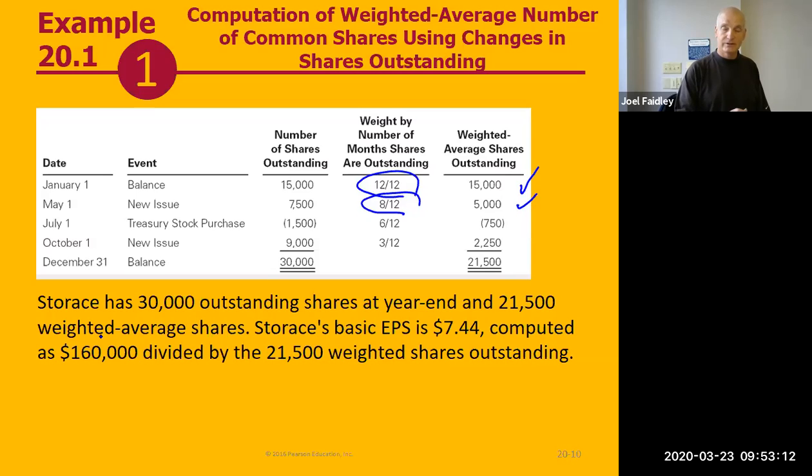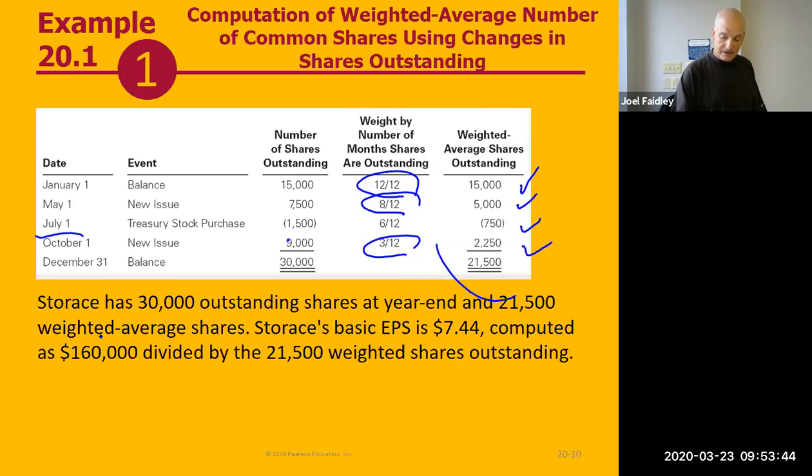So that's reducing, you remember from back in the chapter on equity, our common shares outstanding. That's one of the reasons why companies buy their stock back. It's going to boost their earnings per share, even when sales revenue stays the same and expenses stay the same. So we have 6/12, since that's July 1, we have 6/12 of a negative amount, right? So that's 750. And then finally, we issued 9,000 shares on October 1, so you had 3/12.